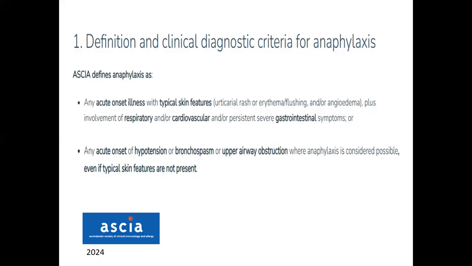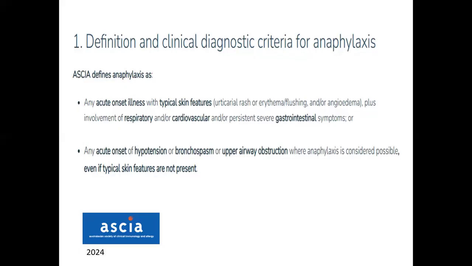That means if you suspect the patient is having anaphylaxis, any acute hypotension without any other feature, no skin, nothing, only hypotension, is taken as anaphylaxis. Only bronchospasm can be taken as anaphylaxis. Only upper airway obstruction, like only stridor, can be taken as anaphylaxis if the setting is correct. So that is the most recent definition of anaphylaxis by ASCIA.